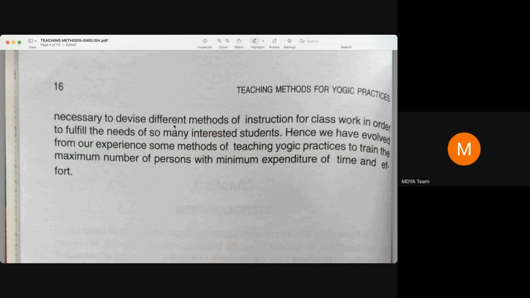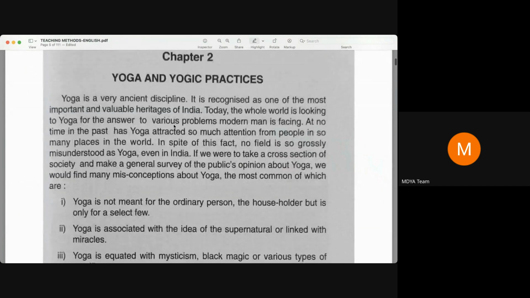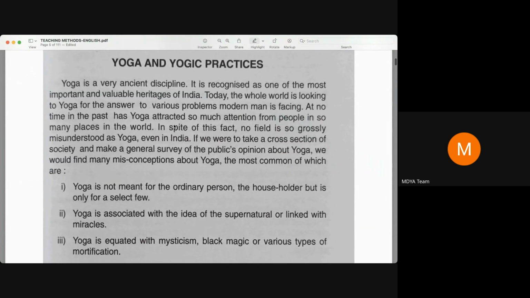It's not necessary. The main thing which you are interested in, you just approach that and follow that particular teacher. So that was the scenario. Now presently you should know most of the things.